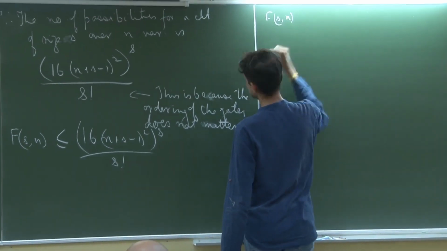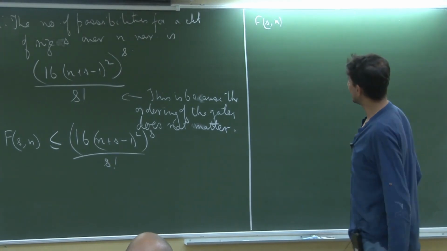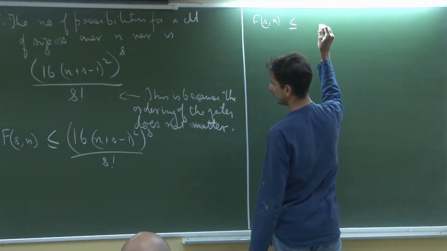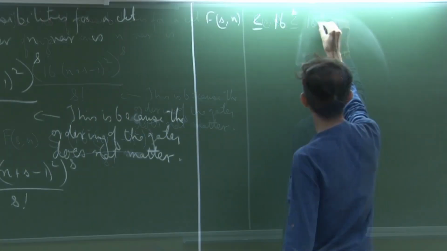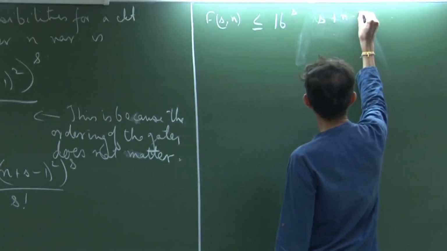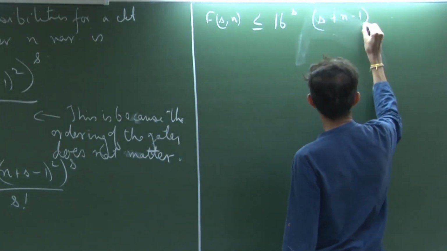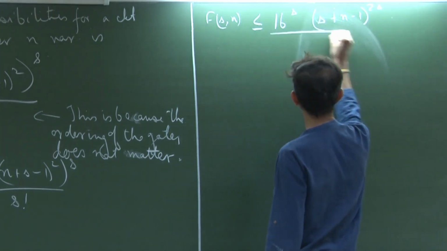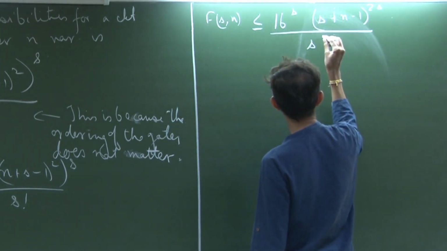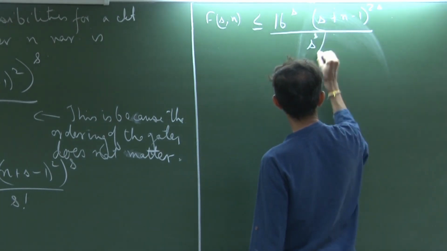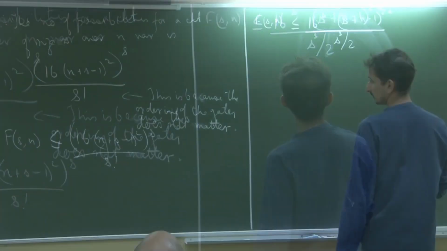First I will use Stirling's approximation for s factorial. I can write it as 16 to the power s times n plus s minus 1 whole to the power 2s, divided by s to the power s divided by e to the power s.